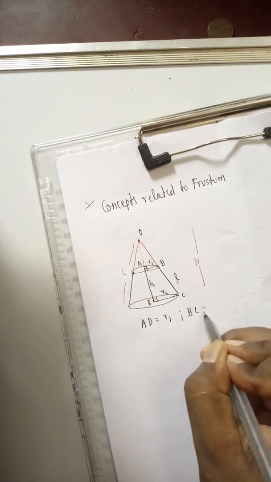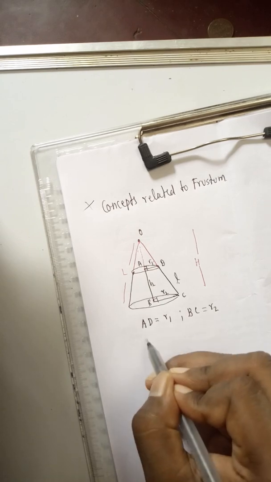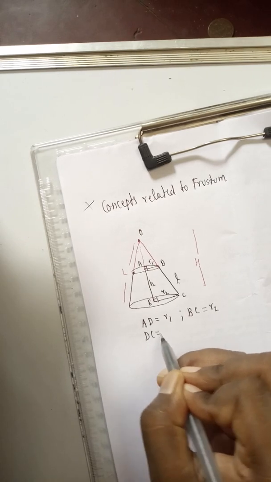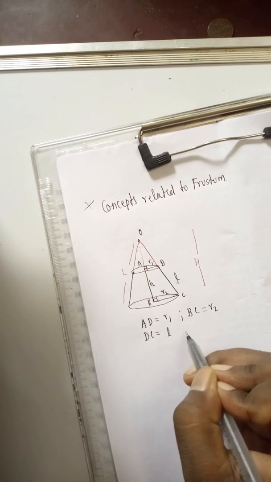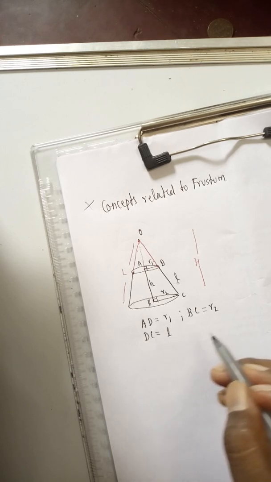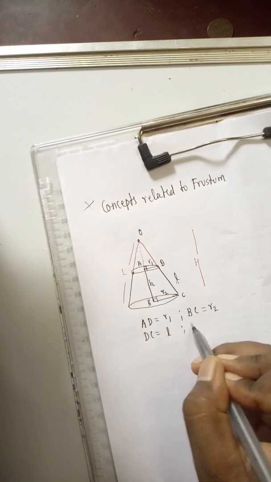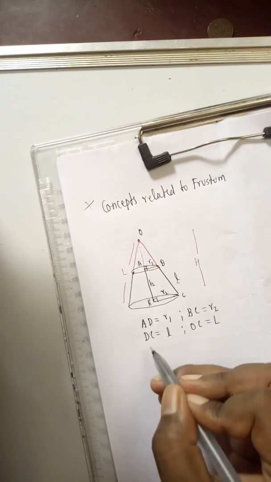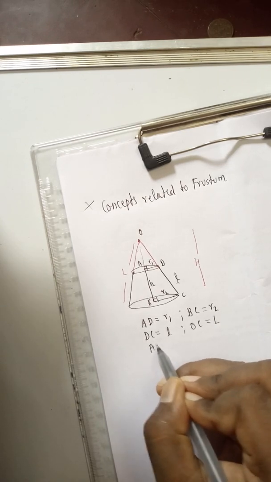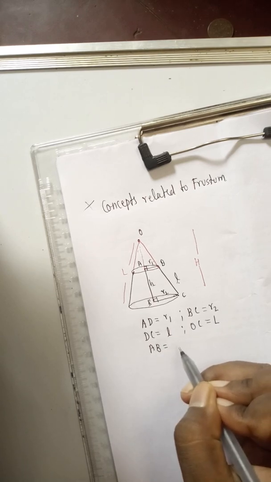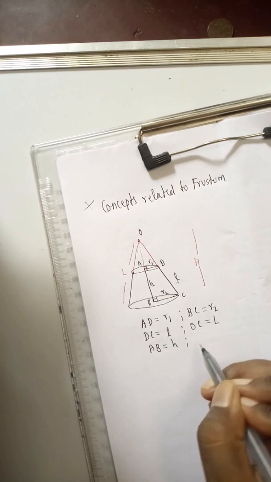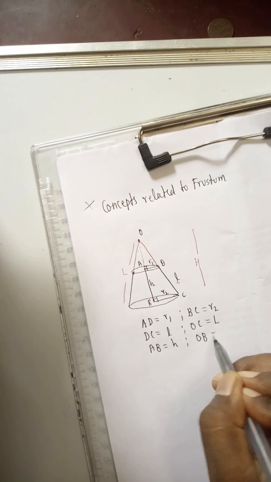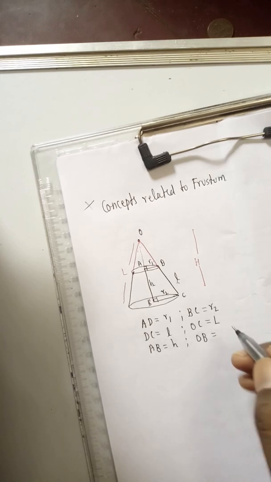BC is R2, DC is small l, right? OC is capital L, AB is small h, OB is capital H, right?